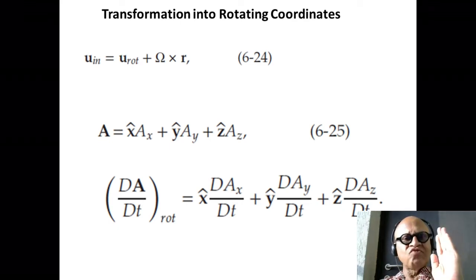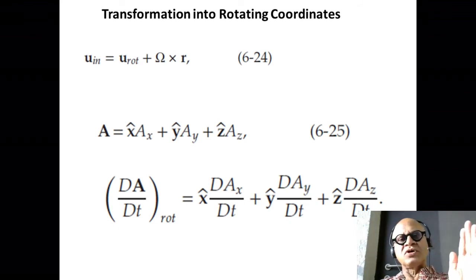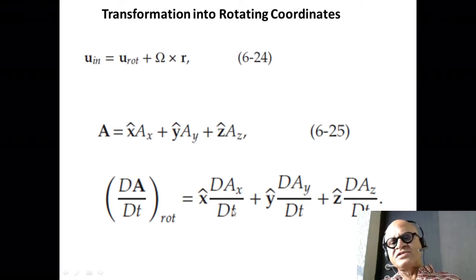We will slowly just move into the rotational framework because all the dynamics we do on Earth and ocean and atmosphere is obviously rotational framework. So in a non-rotational framework, you would just have x dAx/dt plus y dAy/dt, z dAz/dt, because x, y, and z would be unit vectors that are not changing.